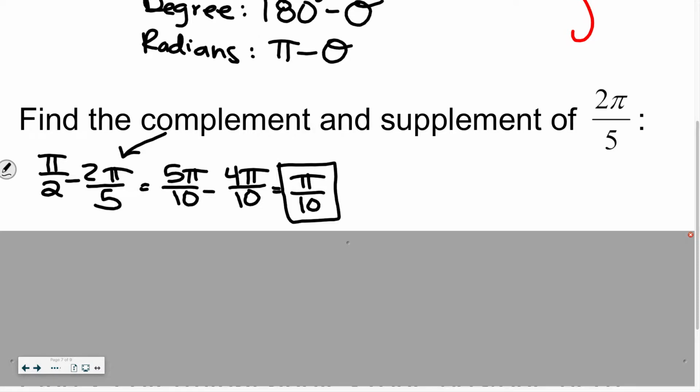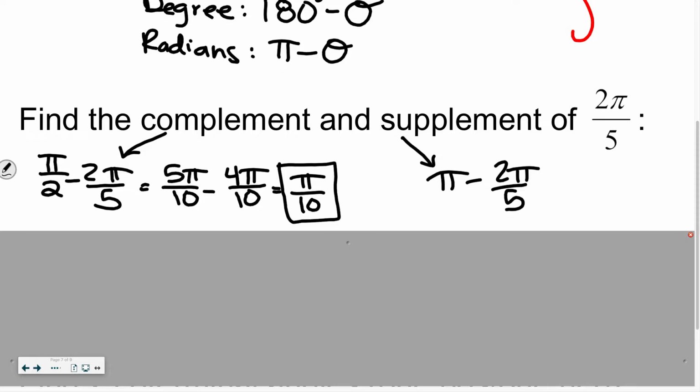To get the supplement of the same angle, instead of doing 180 minus the angle, because it's in radians, I'll do the equivalent to 180, which is pi minus 2 pi over 5. Now for supplements, you could get common denominators if you wanted to. That's like pi over 1. But it's also really easy for me to subtract. 1 pi minus 2/5 pi.